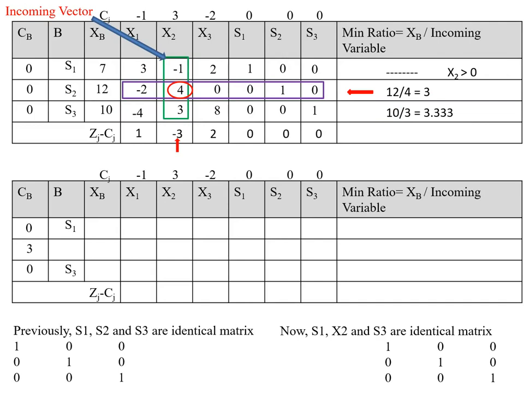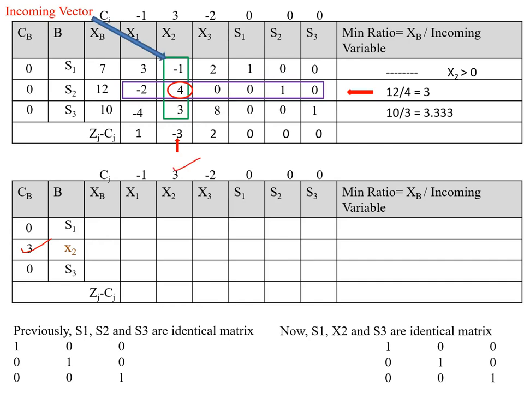Here we observe x2 as the incoming variable and s2 as the outgoing variable. So we have to replace s2 with x2, and also modify the cv value as 3 because the x2 cost coefficient is 3.